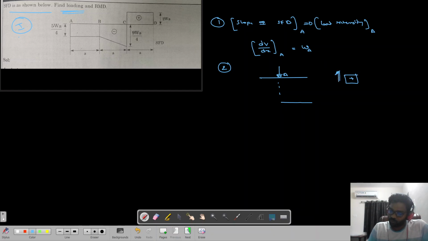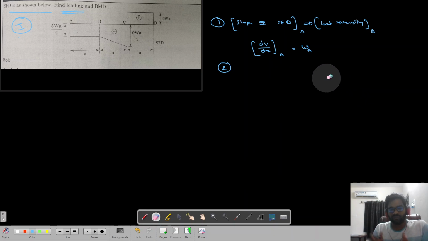Due to an upward force, a sudden rise of shear force will take place. At this section, due to the downward force, there will be a sudden drop in the shear force diagram. So the point you need to understand here is that due to the presence of a point load, a sudden rise or sudden drop in the shear force takes place.